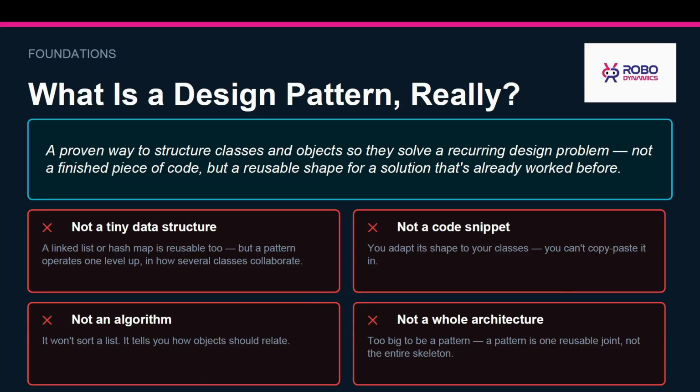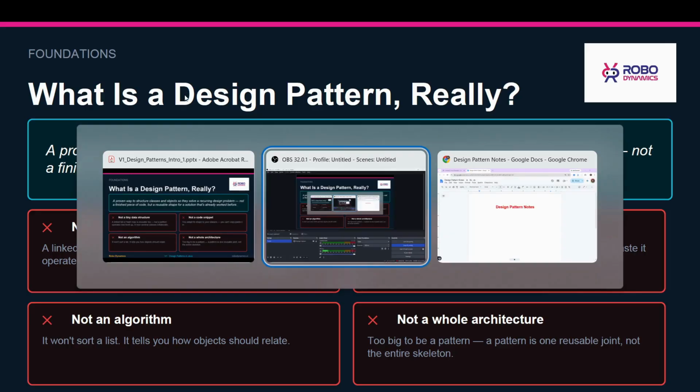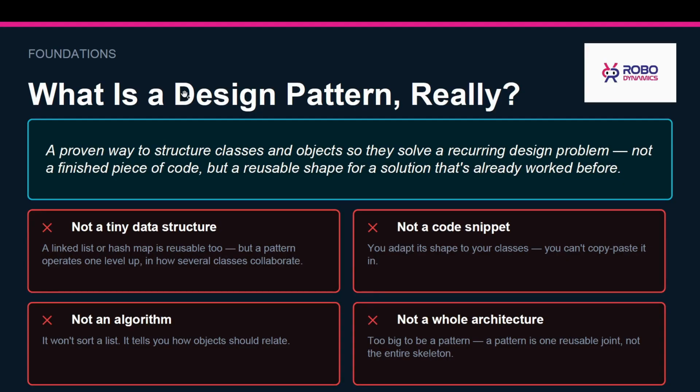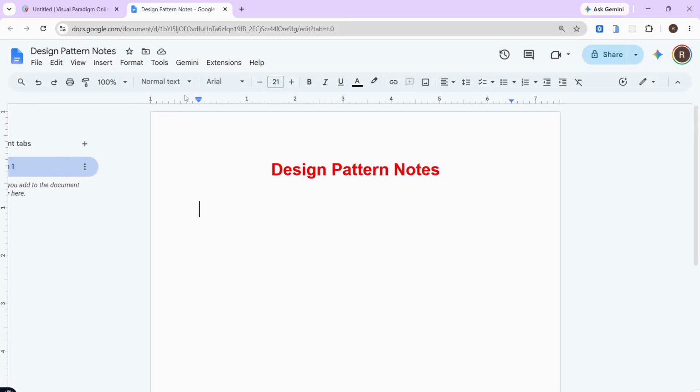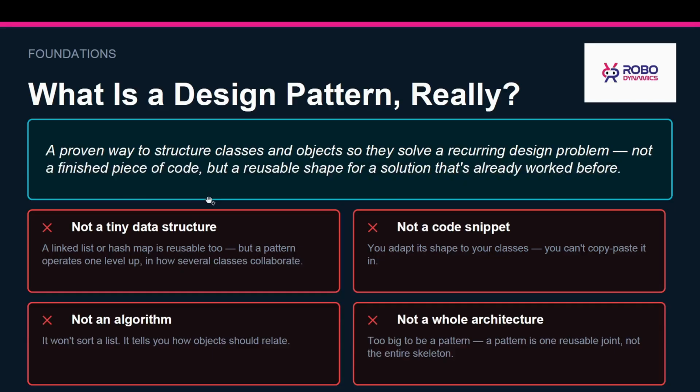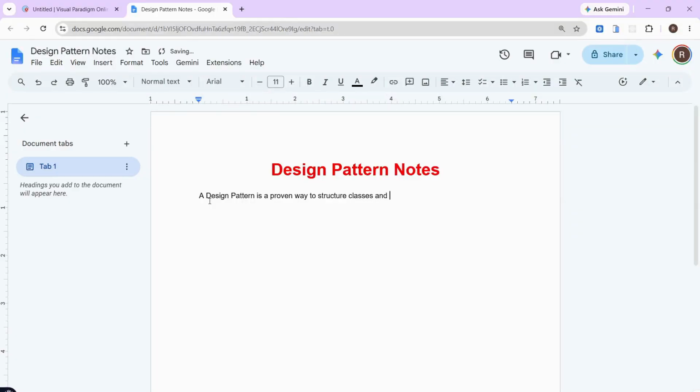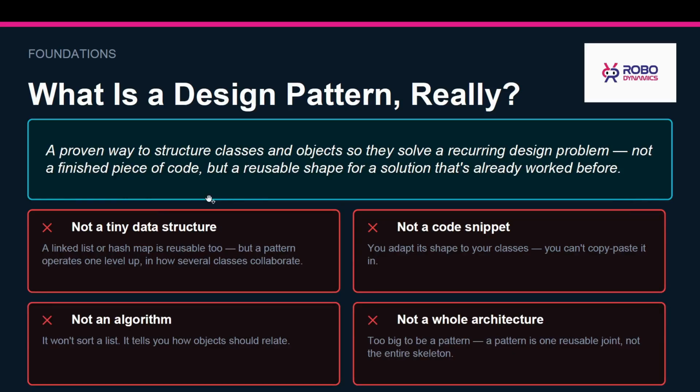What exactly is a design pattern? Now, I have found a new way to learn things, and I'll just share it with you. A design pattern is a proven way to structure classes and objects so they solve a recurring design problem.